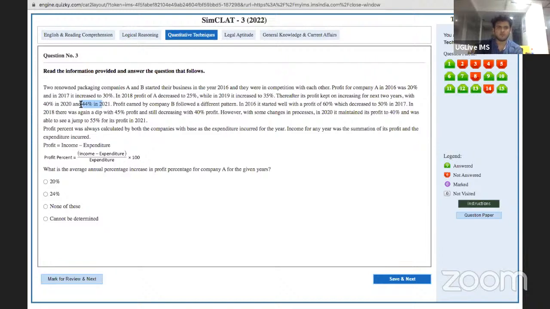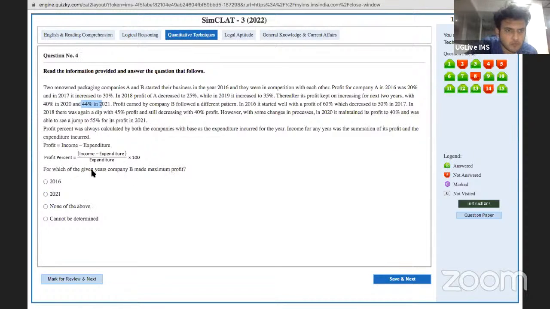Annual percentage increase by 24%. चलो ये तो सही होगा मेरा होपफुली.